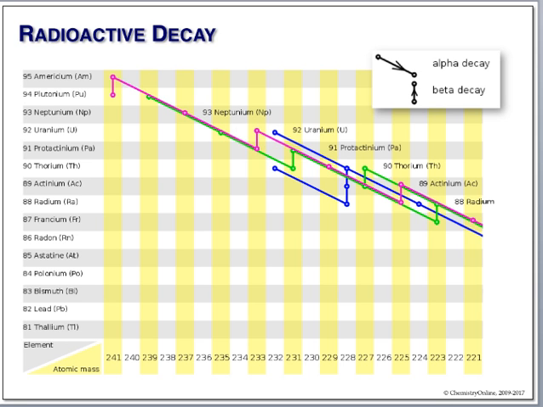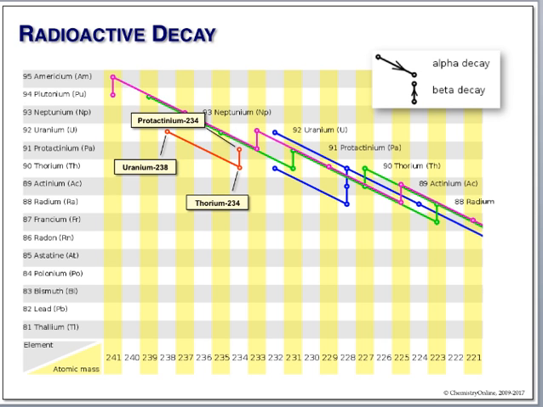Let's look at one that we've talked about, and that is our friend uranium. This is uranium-238. As we saw, it can lose an alpha particle. When it does, its mass drops by 4 and forms thorium. Thorium, in turn, can lose a beta particle and go up here to form the same mass, but different atomic number.